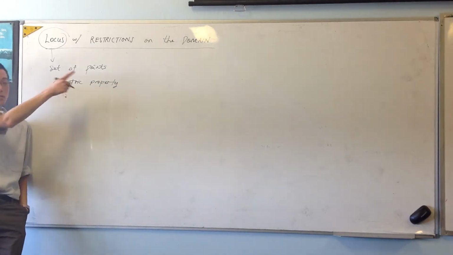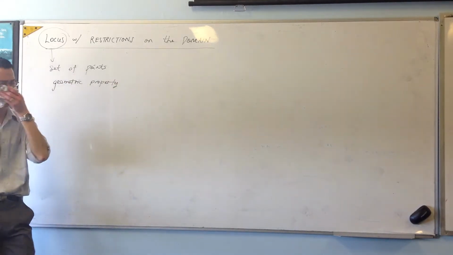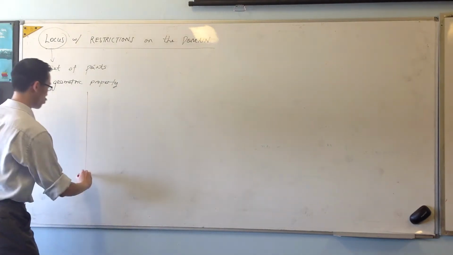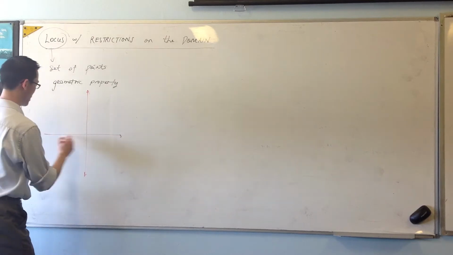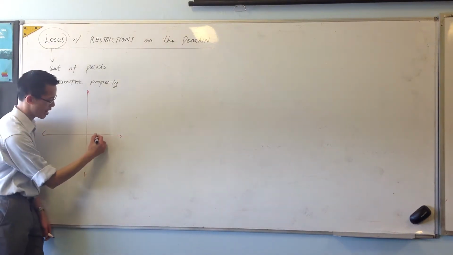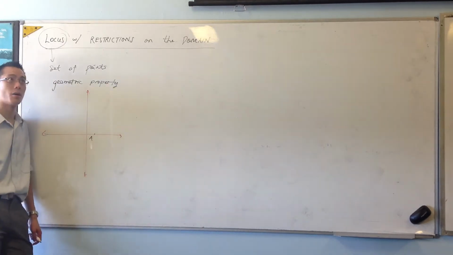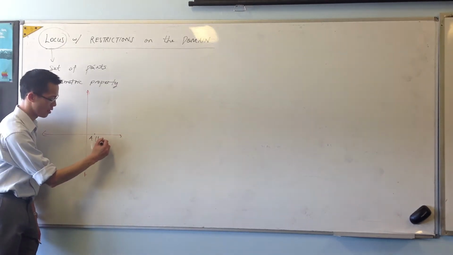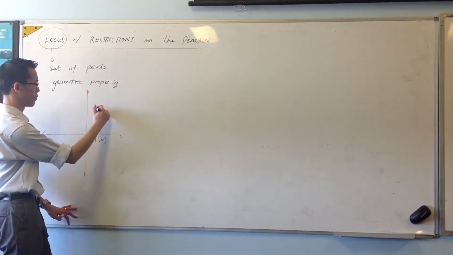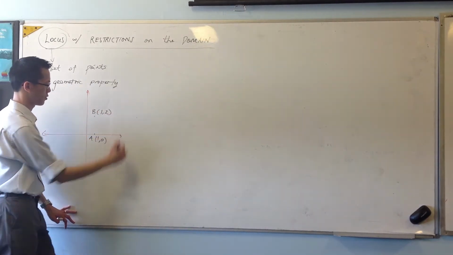Okay. Now, usually we would say, well, let's actually do an example. Draw yourself up a little set of axes, and we'll pick a super simple example, one of the first ones that we did. If I gave you 2 points, like say A, let's say that's (1, 0), and let's put B somewhere up here, somewhere boring, like (1, 2).